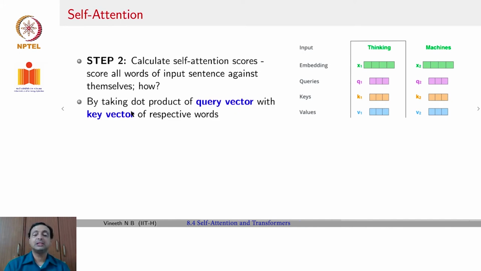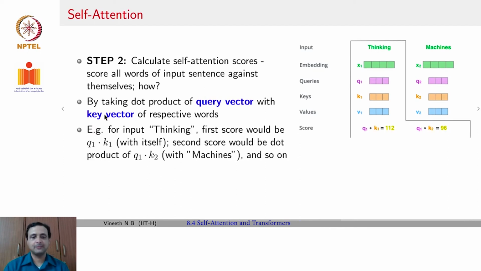Let's see. It's by taking the dot product of the query vector with the key vector of the respective words. So for this input thinking, the first score would be q1 dot k1. That's the query vector, which is q corresponding to the word thinking, and the key vector corresponding to the word thinking, q1 dot k1. Similarly, you would compute q1 dot k2 for the second word in the sequence, q1 dot k3 for the third word in the sequence, and so on and so forth.